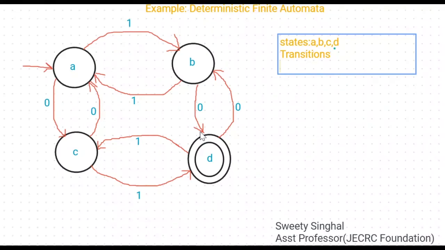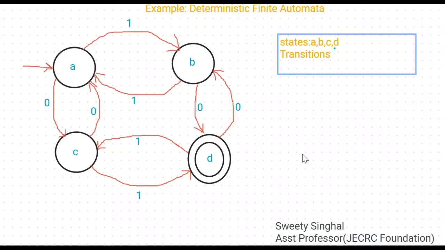A is the starting state or initial state of this DFA. Whenever you see an arrow coming from nowhere pointing to a particular state, that shows the initial state of our DFA.